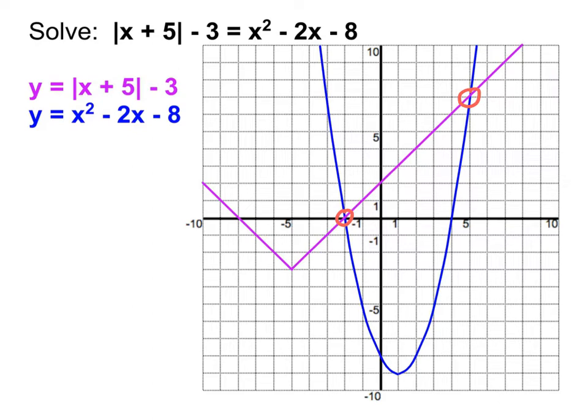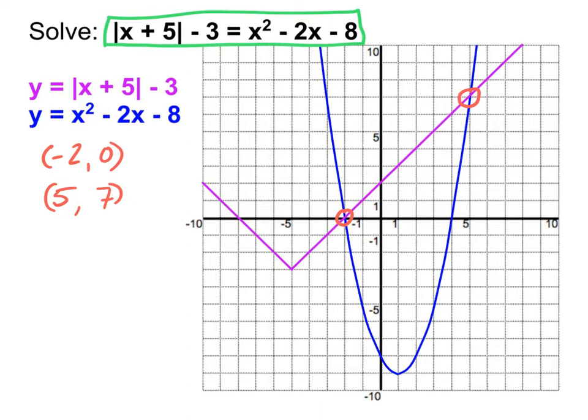Now in this case, it can be very tempting to then say that my answers are going to be -2, 0, and 5, 7. But that's a little bit awkward to talk about in this particular case. Because remember what we're solving here. Our original equation was this up here.